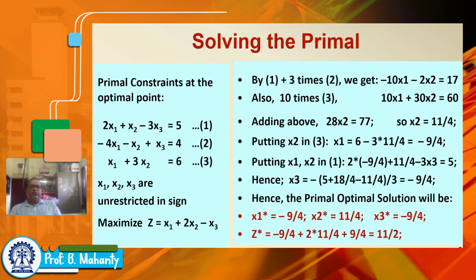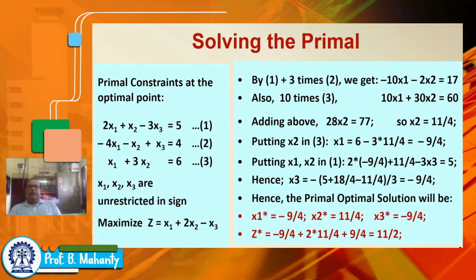So all of them will be equality, and that is what we have written. Look here: 2x1 plus x2 minus 3x2 equal to 5, minus 4x1 minus x2 plus x3 equal to 4, and x1 plus 3x2 equal to 6. So they will all have turned to equality, and then by the method of elimination, we can add this with the 1 and get minus 10x1 minus 2x2 equal to 17, and 10 times 3 will also give 10x1 plus 30x2 equal to 60.